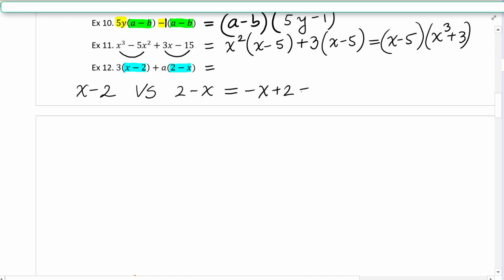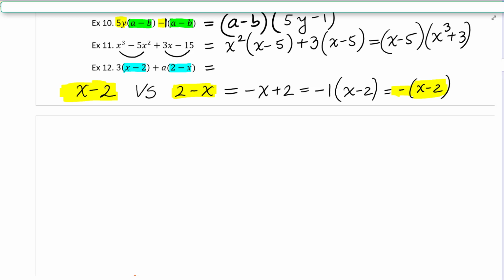If we factor out -1, we get negative x minus 2, written like this. So in other words, 2 minus x is the same thing as the opposite of x minus 2, right? Negative x minus 2.